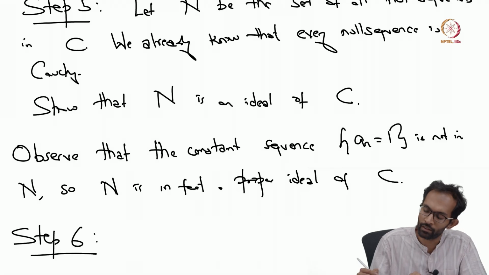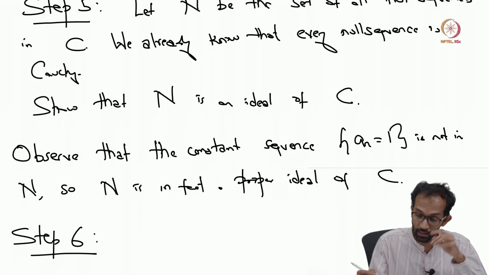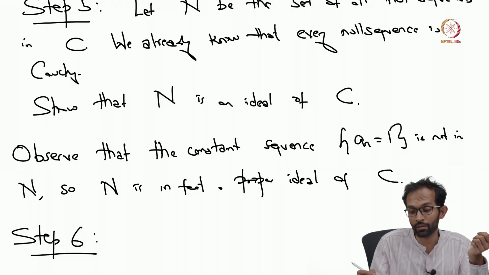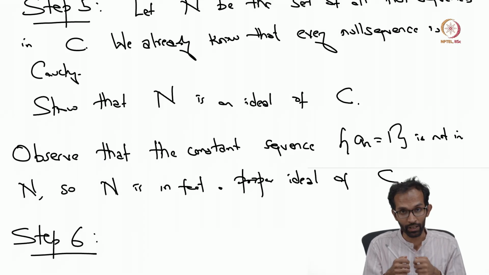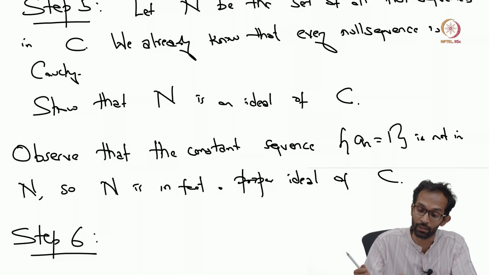So you have a ring C. It's not hard to show that it's commutative because the way we define multiplication is component-wise.